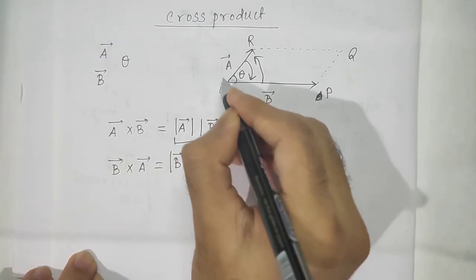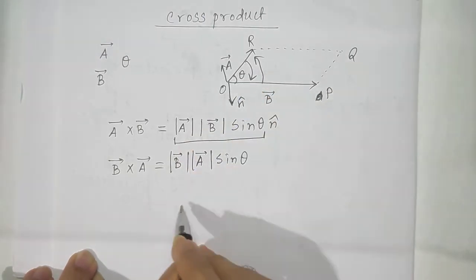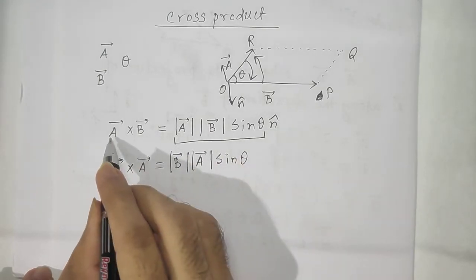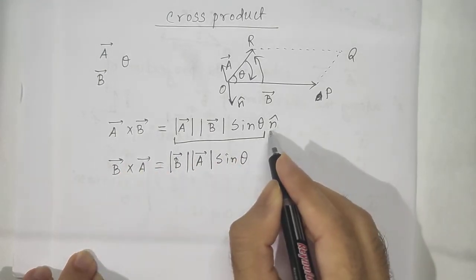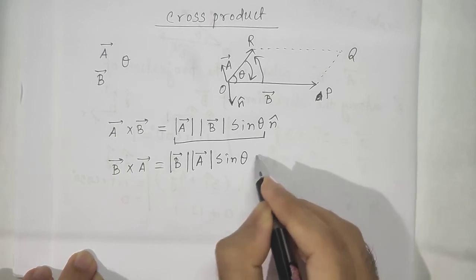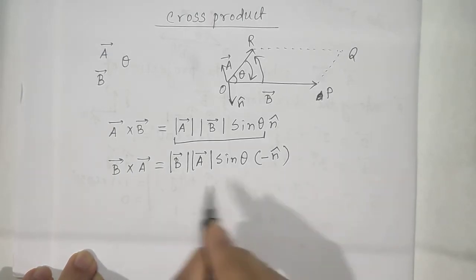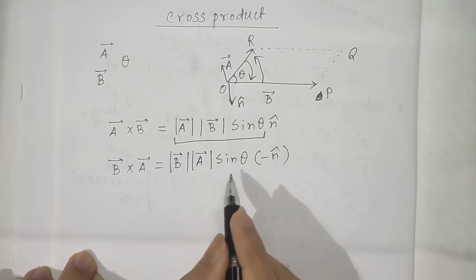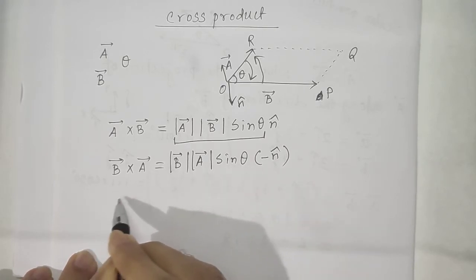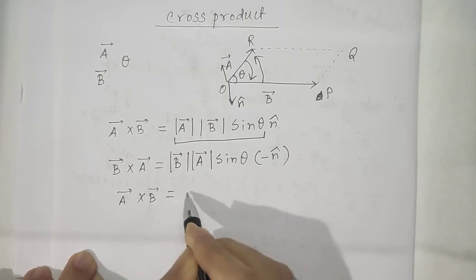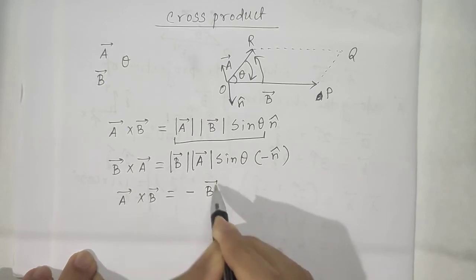So the direction of the n will be upward. So when A cross B was positive n cap, here it will be negative n cap. So as you can see, we can definitely conclude that A cross B will be negative of B cross A.